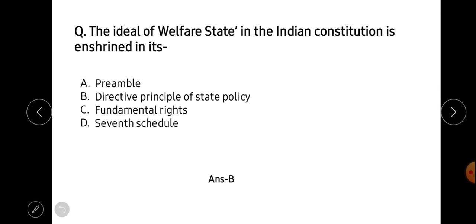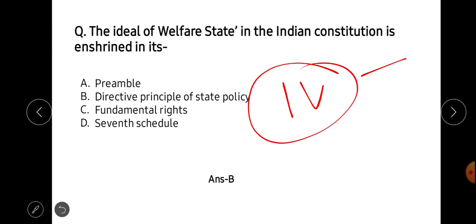And I have told that the directive principle of state policy is mentioned in part 4 of the Constitution of India. Now move to the next one.